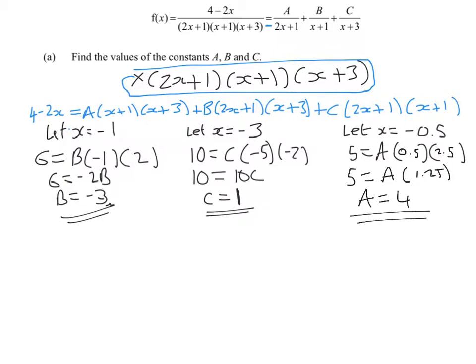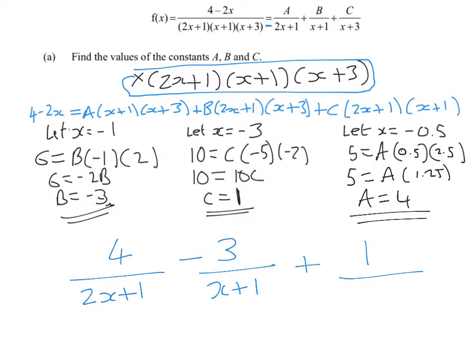So we're now hopefully in a position where we can write our final answer. Our final answer will be 4 over 2x plus 1, minus, because B is negative 3, we do minus 3 over x plus 1, and then C is 1, so we've got plus 1 over x plus 3.